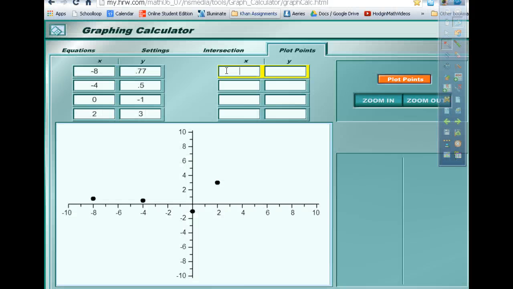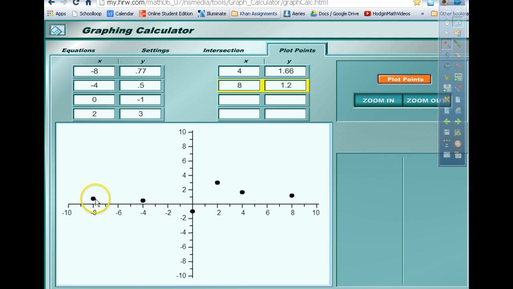So for 4 we get 1.6. Okay. And for 8 we get, what's that? 1.2? Okay. Yeah, okay. Good.